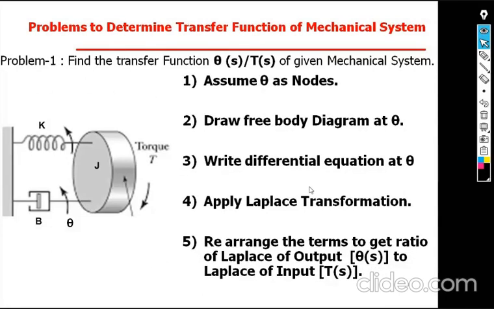In the same way, in the previous class, you solved how to obtain the transfer function of a mechanical rotational system by following the same 5 steps. You assumed each displacement as a single node, and the elements connected to that particular node you extracted. You drew the free body diagram, then wrote the equations, applied Laplace transformation, and obtained the ratio of final output by input, whatever was asked in the question.